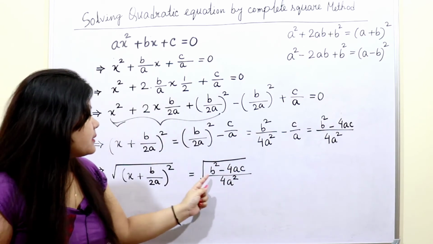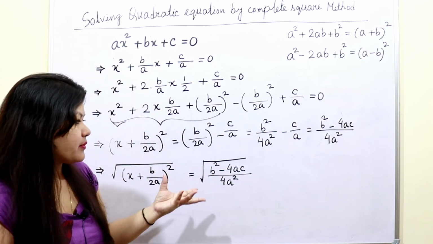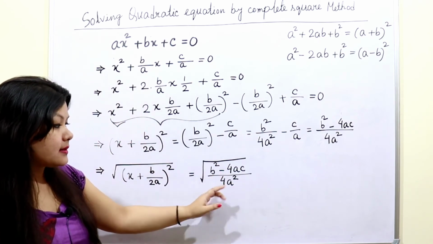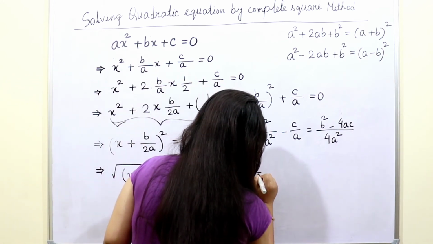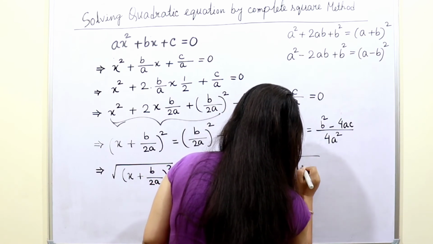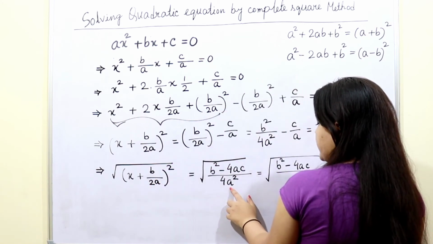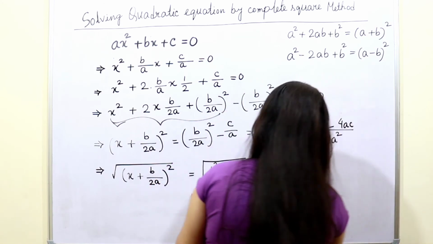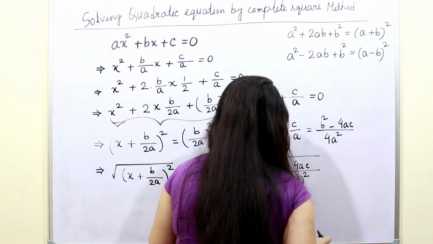Now see, b square minus 4ac, we cannot express them in a perfect square, but 4a square is equal to 2a whole square. So let us write down that value. b square minus 4ac divided by 4a square, this is 2a whole square.